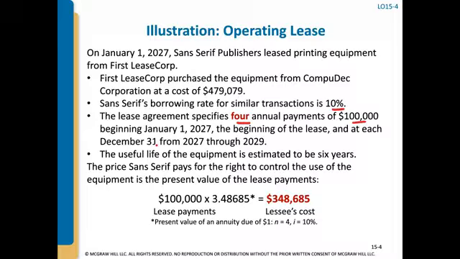So normally, to decide if this is an operating lease, you would go through the 5 criteria of what makes a finance lease, and if they meet one of those criteria, it's automatically a finance lease. If you go back and look at videos about the finance and sales type lease, this is the part that's different here for an operating lease: the lease term is for 4 years versus the useful life of the equipment, which is 6 years, and so that's 66%.